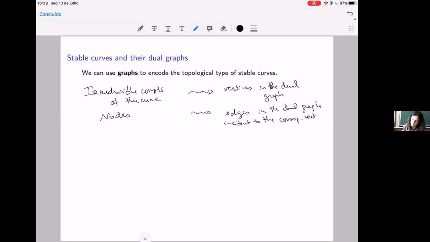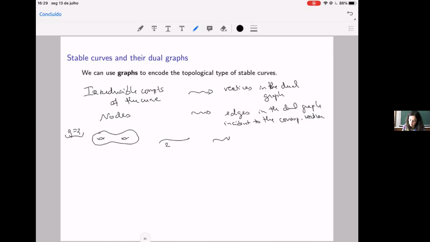So let me just do some pictures here. Let's take genus 2, and imagine that you like to see the curves from a Riemann surface point of view. So take a smooth Riemann surface. I like to describe this just as a curve with a 2 to mean the genus.